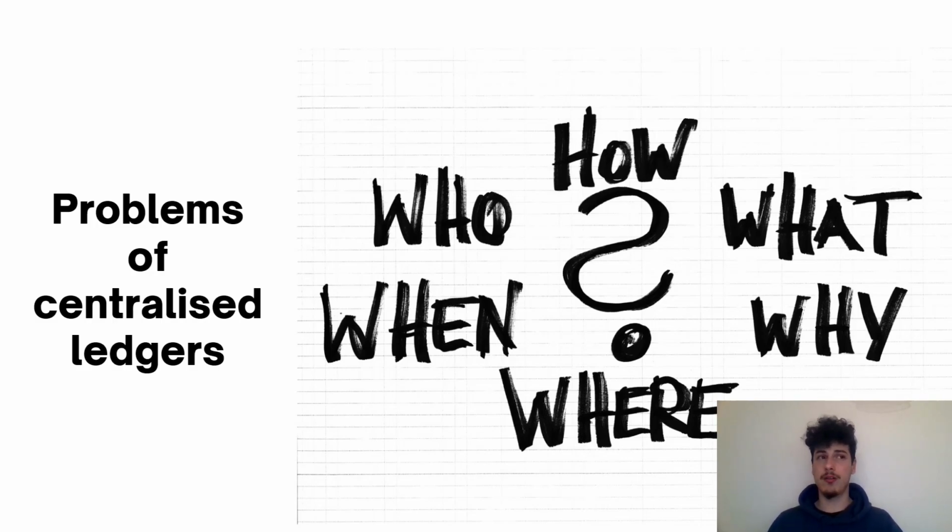Another point would be the idea that they have limited transparency. Obviously, as I was discussing earlier, ledgers definitely do bring in a lot more transparency compared to the case in which there is no ledger, but still, because of centralization, there needs to be trust in the entity holding the ledger, because that entity has the power to modify the ledger, erase parts of it, reverse transactions, or manipulate it in any way, and then delete various transactions or tracks.